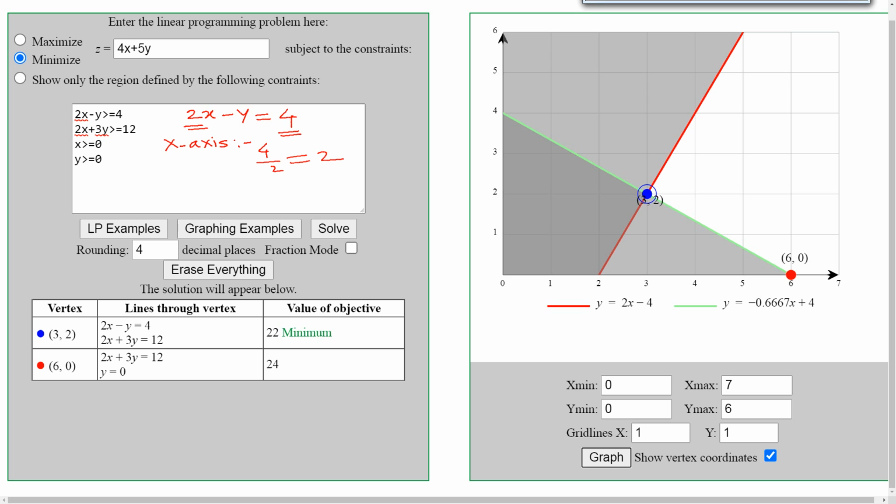Then point on y-axis is given by 4 upon coefficient of y, which is minus 1 here. Minus y means minus 1 into y. So 4 upon minus 1, that is equal to minus 4.